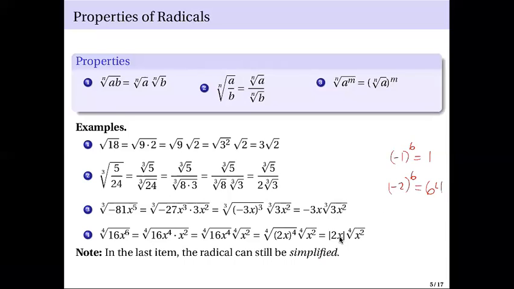So your x can take a negative number. We are sure 16x to the 6 is always positive, whatever your x is. But in this one, if you remove that absolute value symbol and you put x equals negative 1, then you will get a negative number in here.